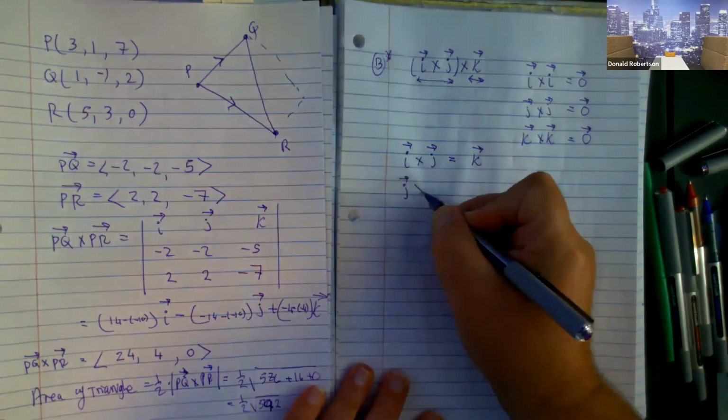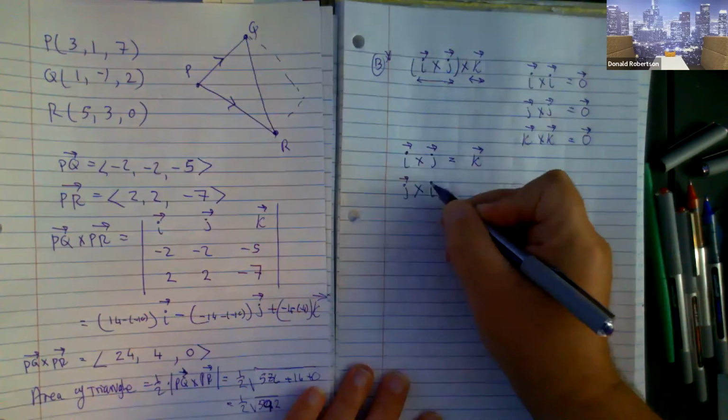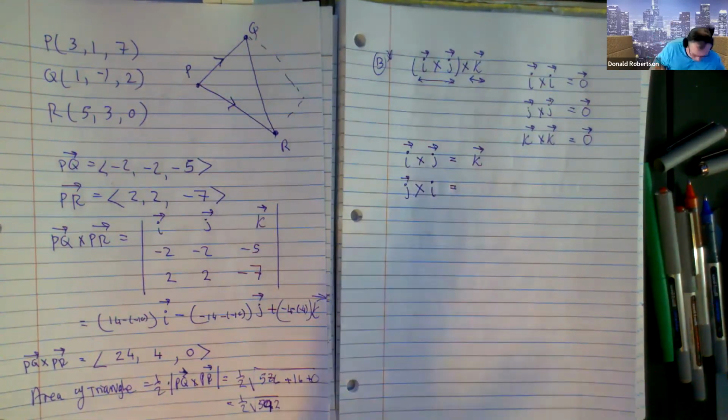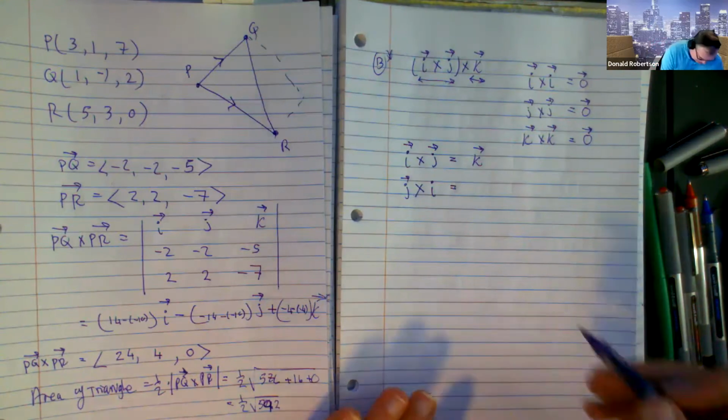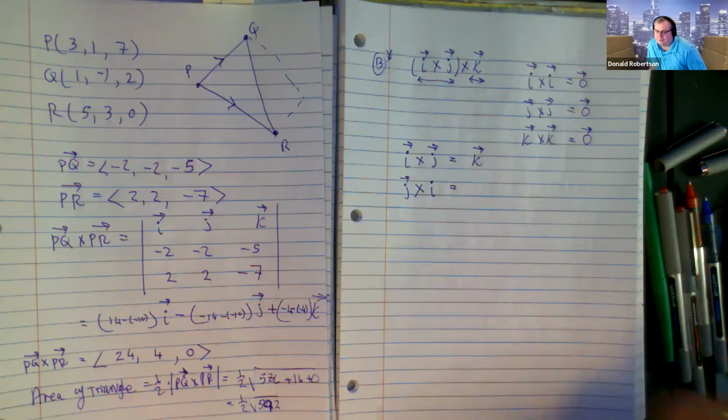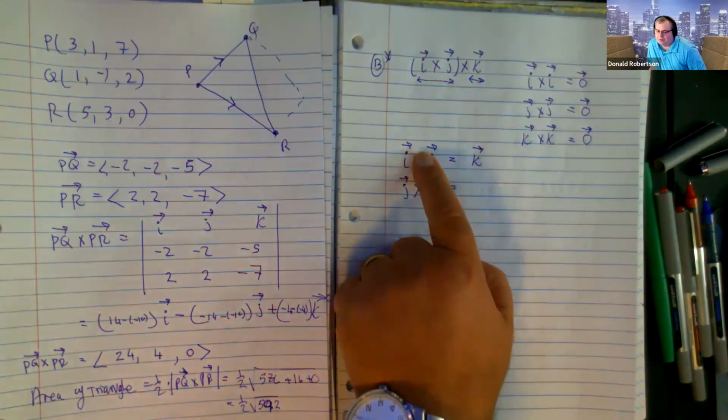What would j cross i get you? Oops, no, I got it right way around. Keep changing my mind here. If i cross j is k, what is j cross i? Notice the order.